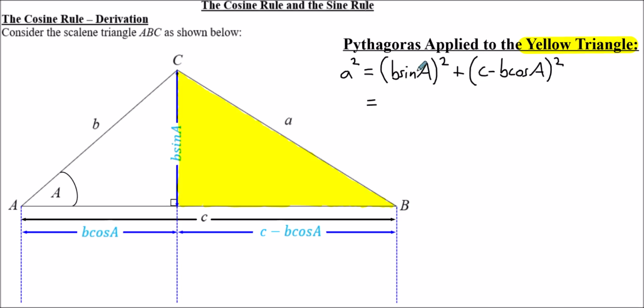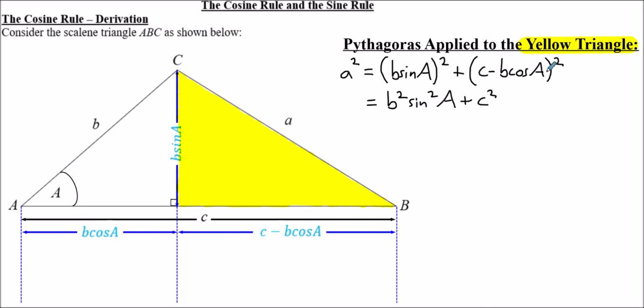So if we expand this out, B squared sine A all squared we can write as B squared sine squared A. In this bracket, square the first thing, C squared, we just write C squared.